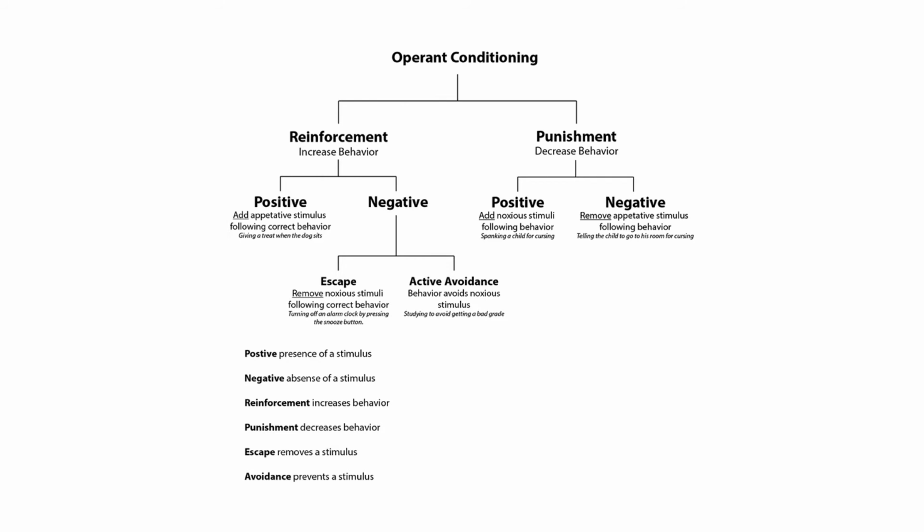In reinforcers, you have positive reinforcers and negative reinforcers. Positive reinforcers are anything that follows a response that increases the strength of the response. Negative reinforcers are where the response is followed by the removal of something that's aversive.